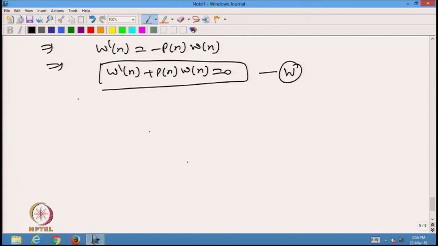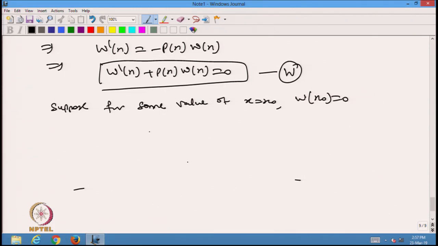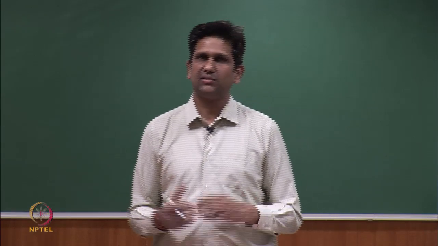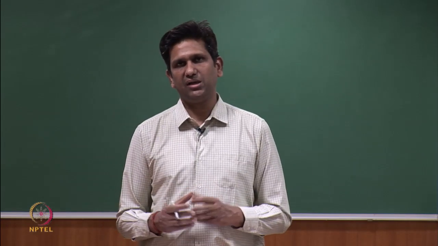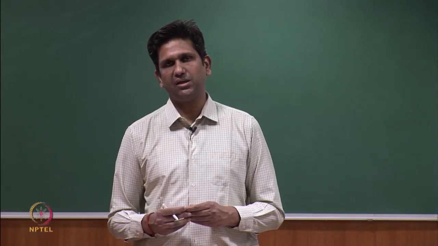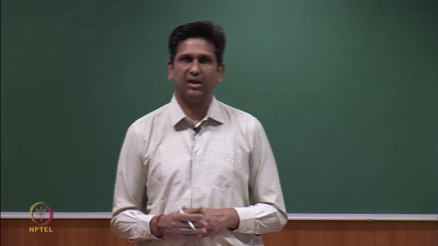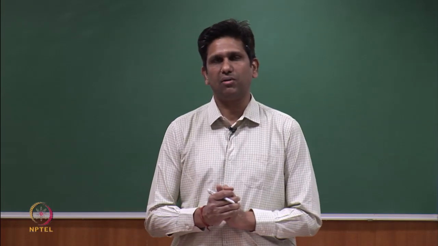Now, suppose for some value of x equal to x naught, my Wronskian is 0. Whenever we find the determinant with so many functions, the determinant is a combination of the functions, and from there we are unable to say whether it is going to be 0 or non-zero for all values of x.